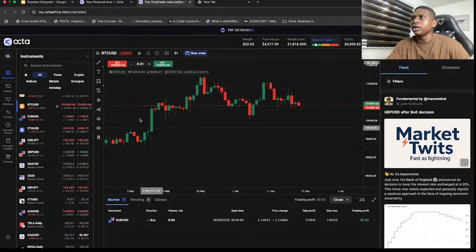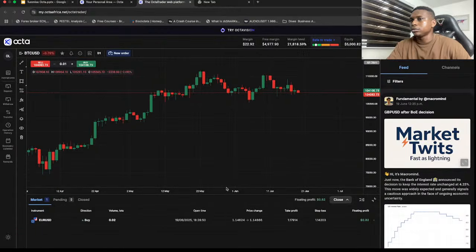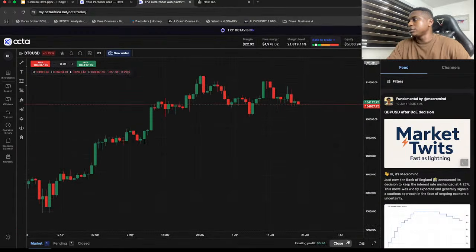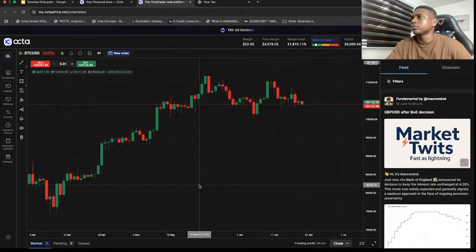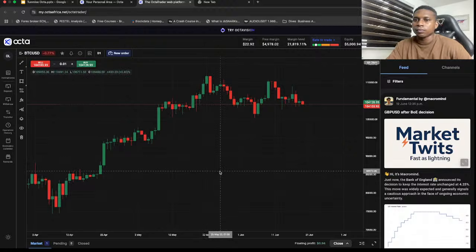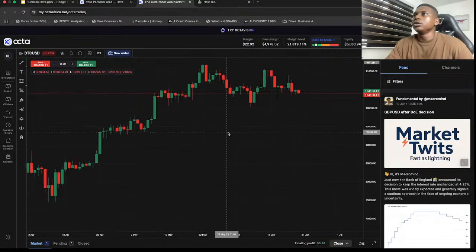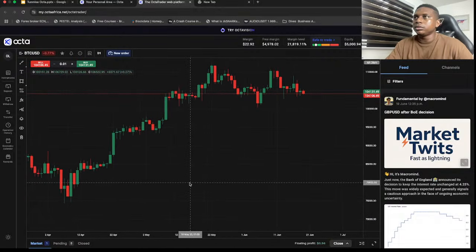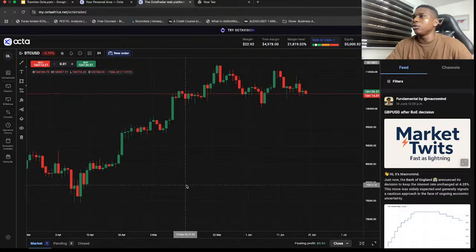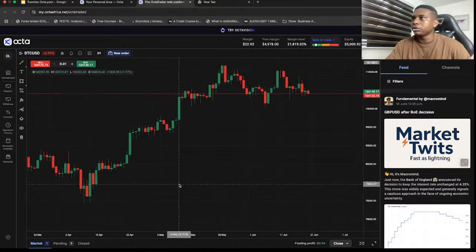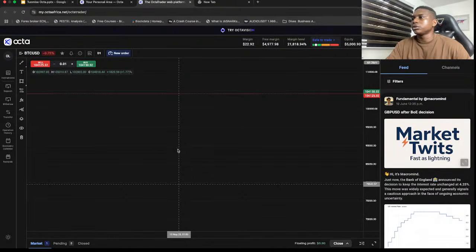let me collapse this. All right, so this is the daily time frame on Bitcoin. I'm trying to see what is going on. Bitcoin, where are you?